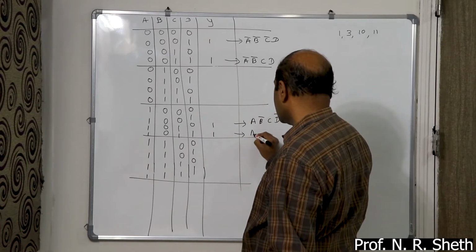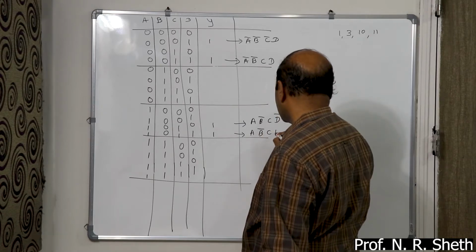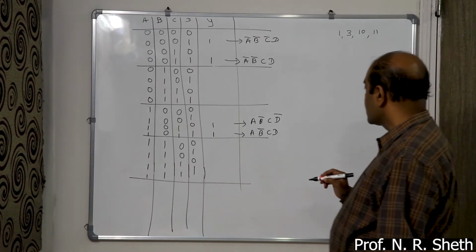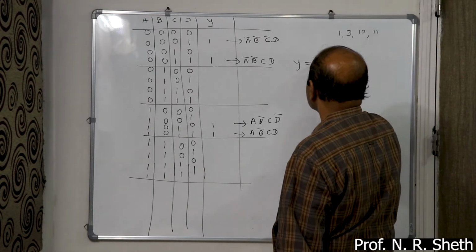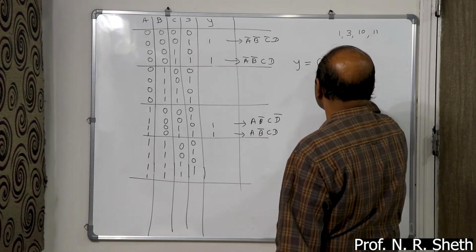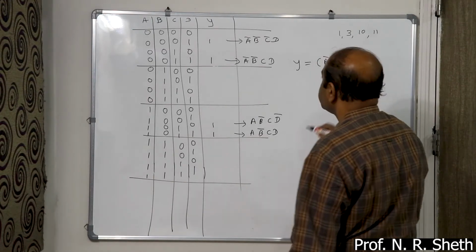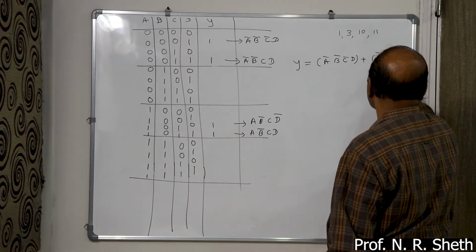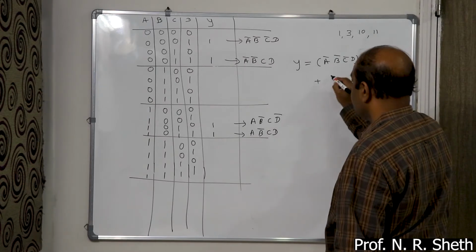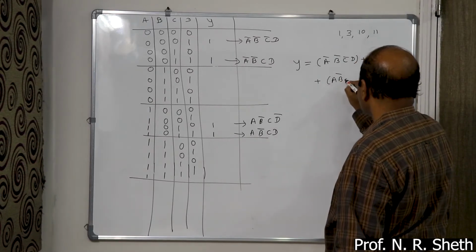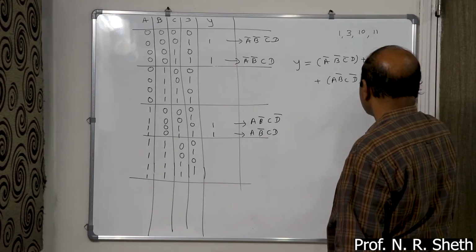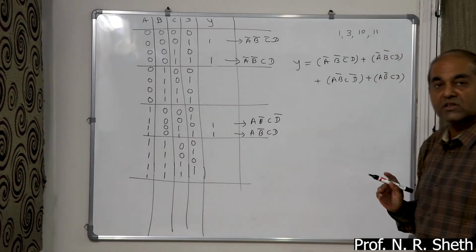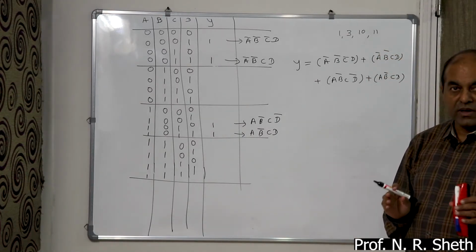And the last one, A, B bar, C, D. So your equation y equals A bar, B bar, C bar, D plus A bar, B bar, C, D plus A, B bar, C, D bar plus A, B bar, C, D. This is your equation. Clear?